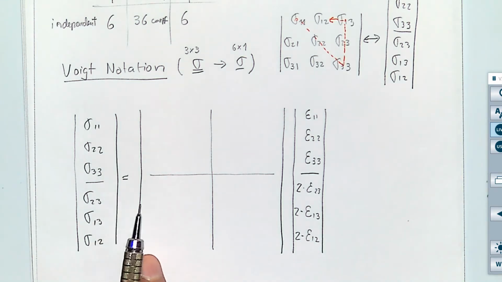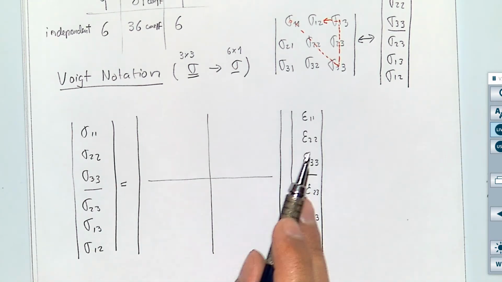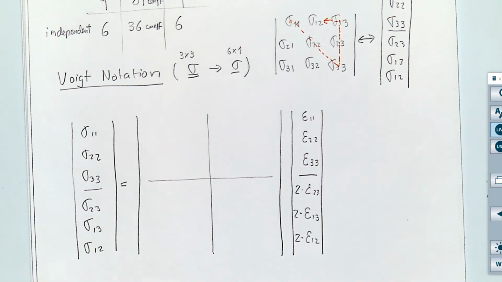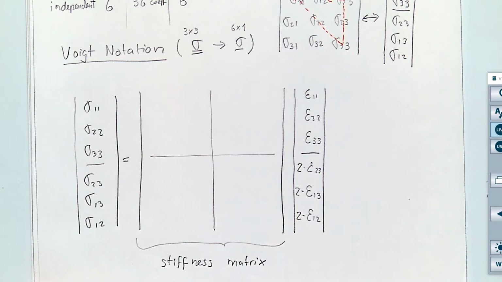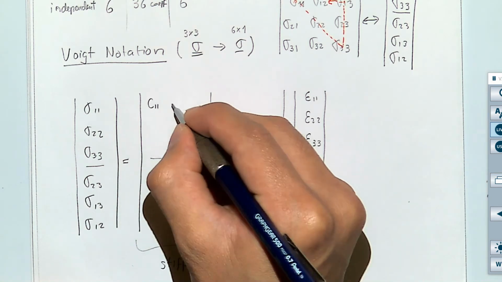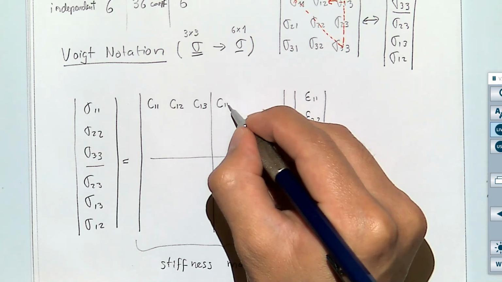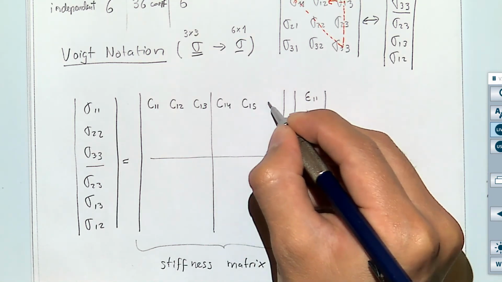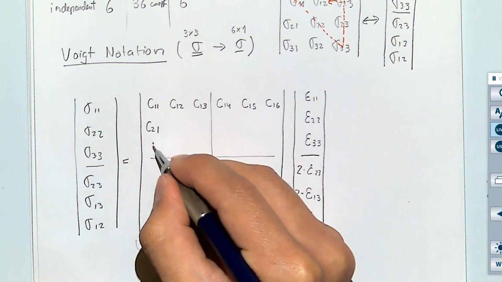When I relate stress to a strain and I'm multiplying the matrix times the strain, we're going to call this matrix the stiffness matrix, and it's going to go with the letter C, and each of these elements is going to be C11, C12, C13, C14, C15, C16, C21, and so on.